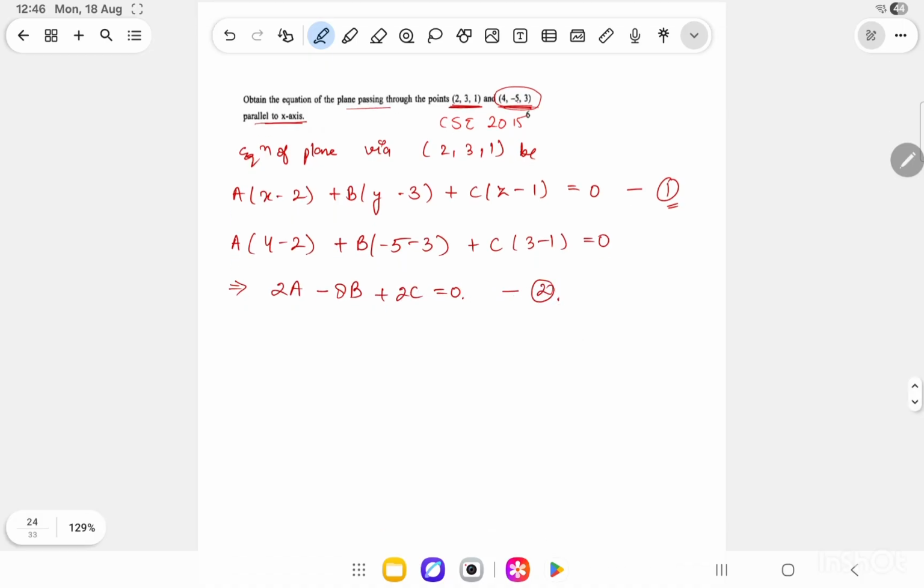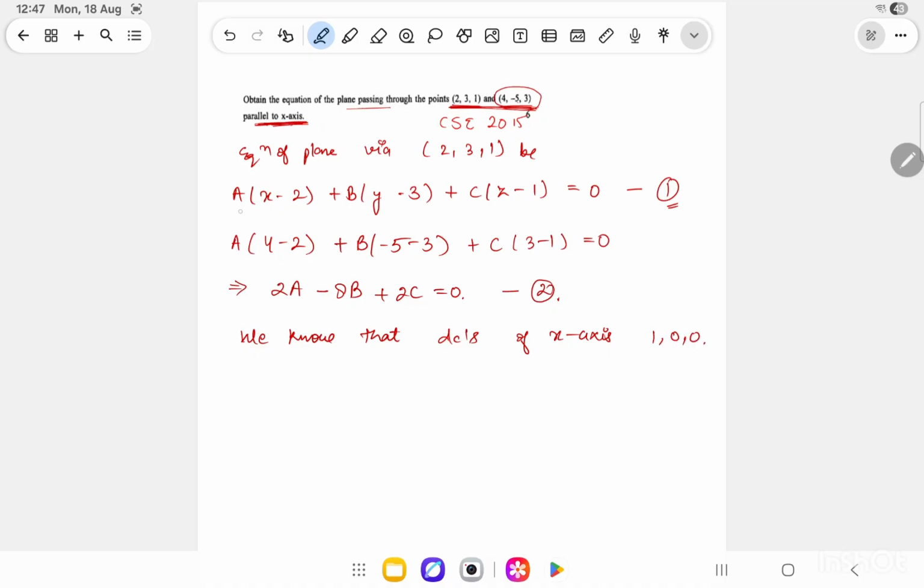It further says that the plane passing through these 2 points is parallel to the x-axis. If it is parallel to the x-axis, then the normal to this plane will be perpendicular to the x-axis, and we know that the direction cosines of the x-axis are 1, 0, 0.